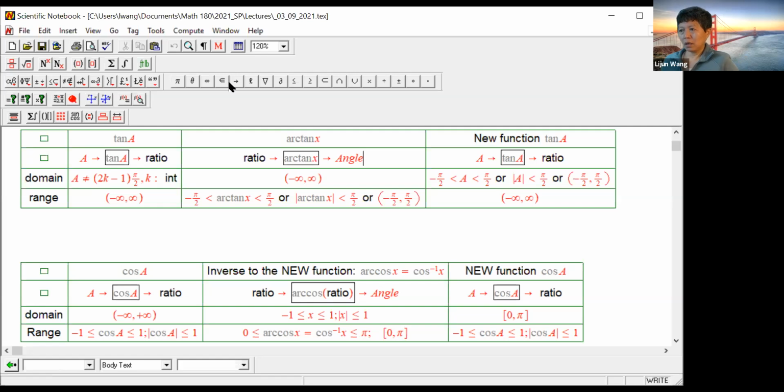Okay, so now with all this said and done, do you have any questions so far? Because we're about to bring up the curve of arctangent. Arctangent will be used many times in your calculus classes.